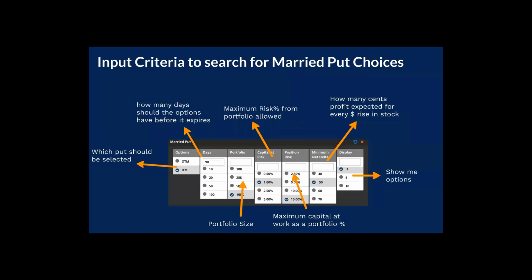Okay, the minimum net delta. One stock is 1 delta, 100 shares is 100 delta. But if I'm buying an at-the-money put, and the put has a negative delta of 50, my 100 shares minus 50 delta, what is the net delta I have? 50 delta.